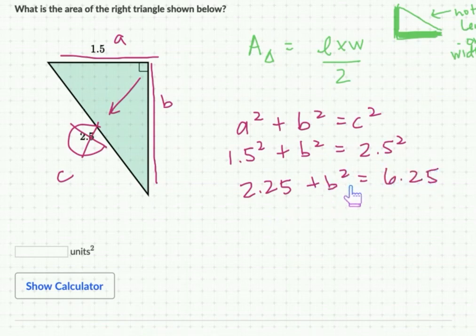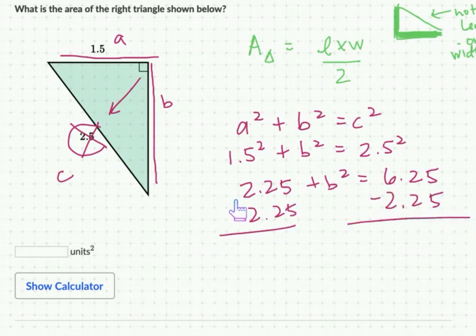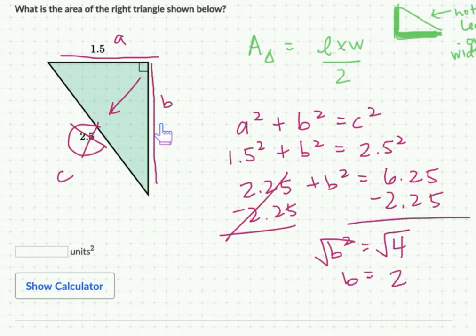Then to solve for b squared, I'm going to need to subtract 2.25 on both sides so that I can get b squared on its own, and I'll end up with 4. b would be the square root of 4. That's a perfect square because 2 times 2 is equal to 4. So now we got that b is equal to 2.